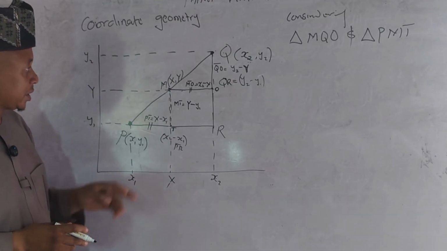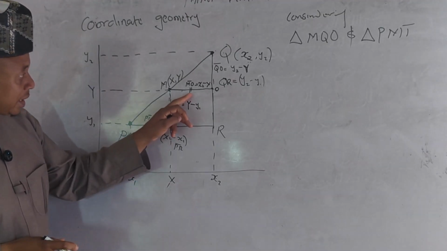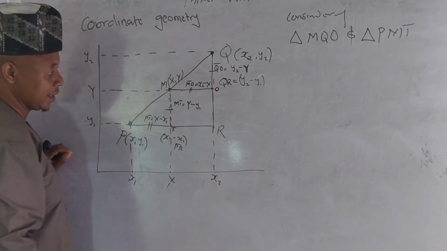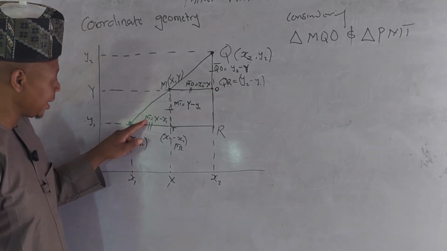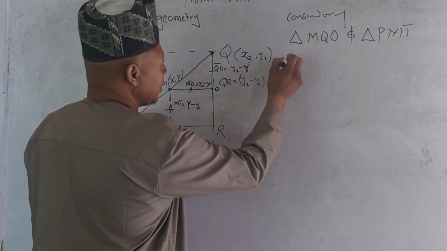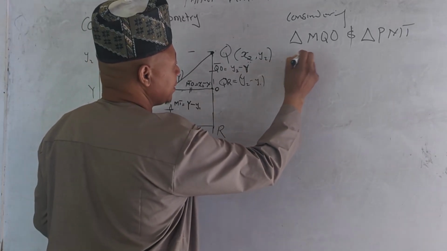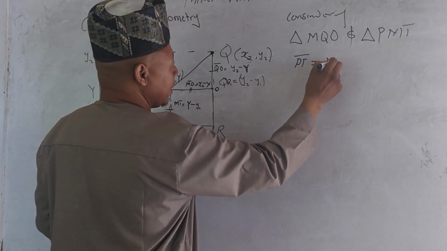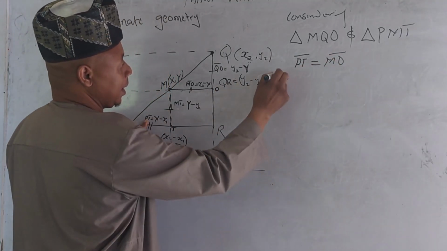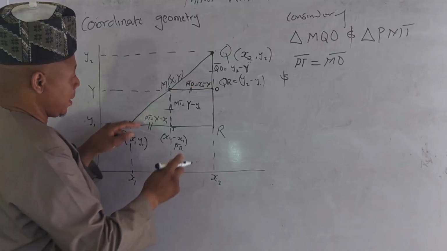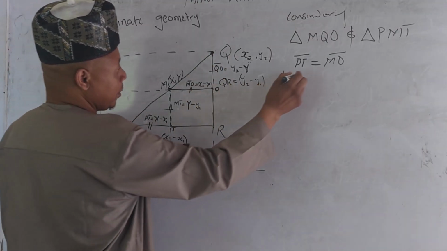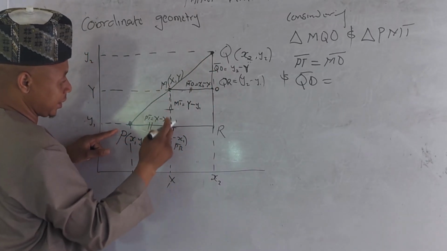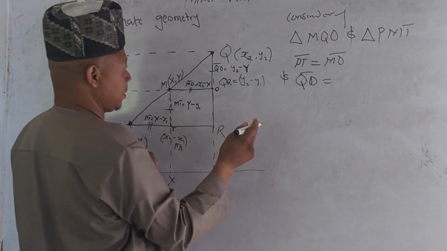So if they are congruent, then this line must be equal to this line, and also this line must be equal to this line, meaning line PT is equal to line MO, and also line QO is equal to line MT.